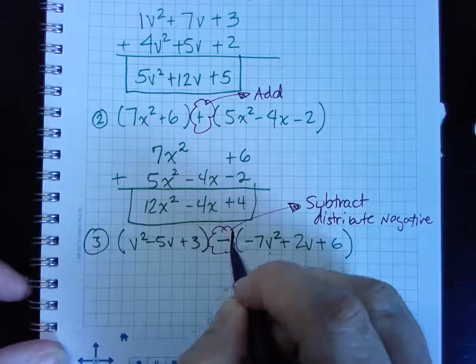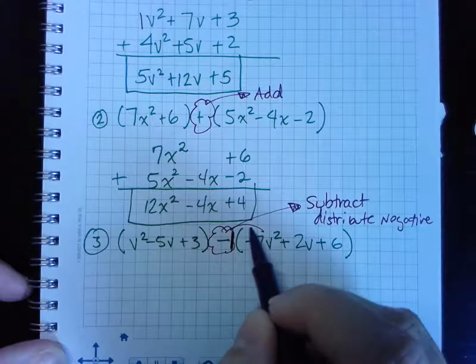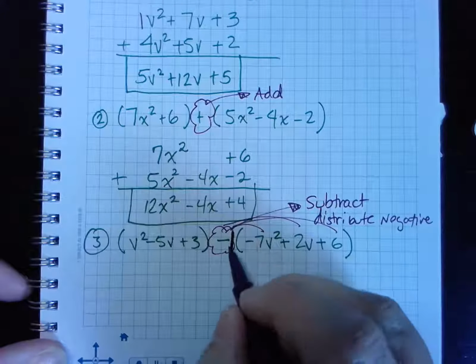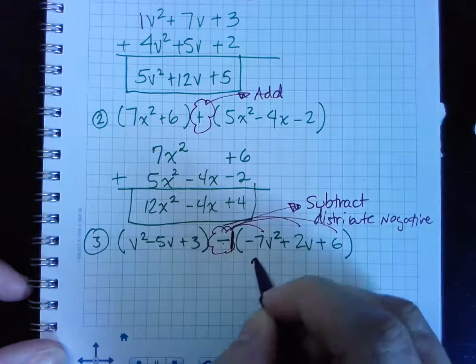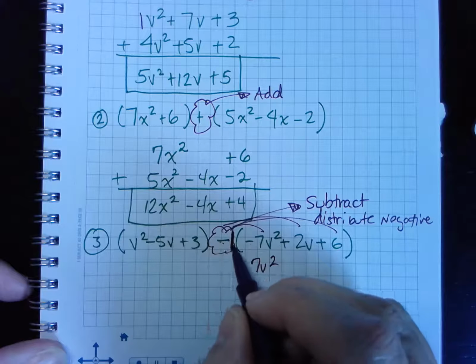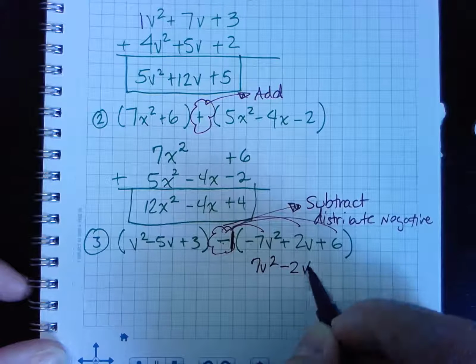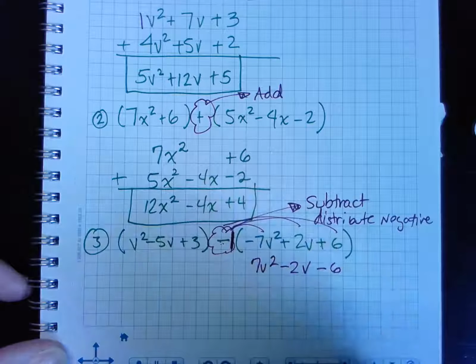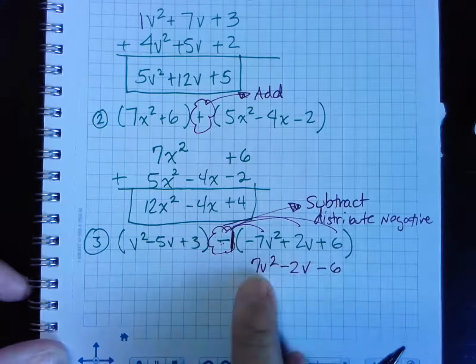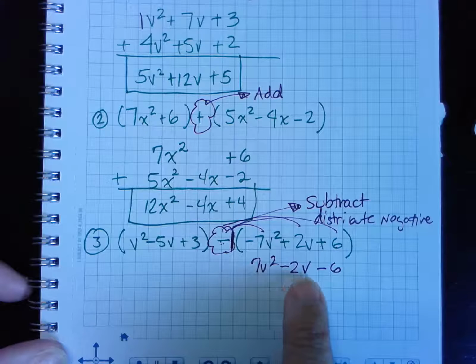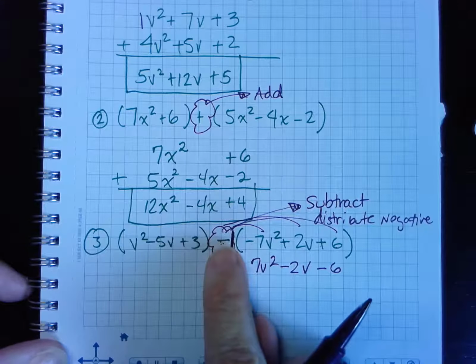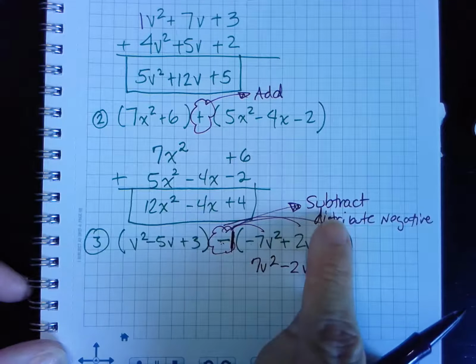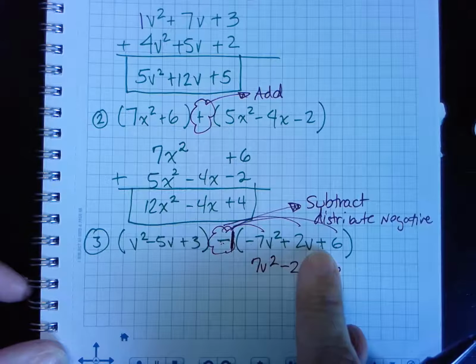That's a 1 right there. So when I distribute, I'm going to get a negative times a negative positive, a negative times a positive a negative, and a negative times a positive a negative. So distributing the negative gives me 7v squared minus 2v minus 6. So this subtraction now has been taken care of.